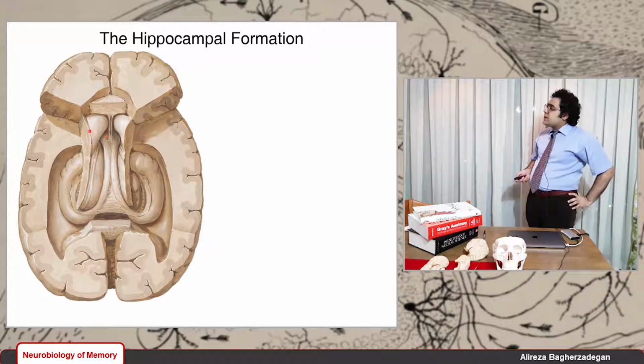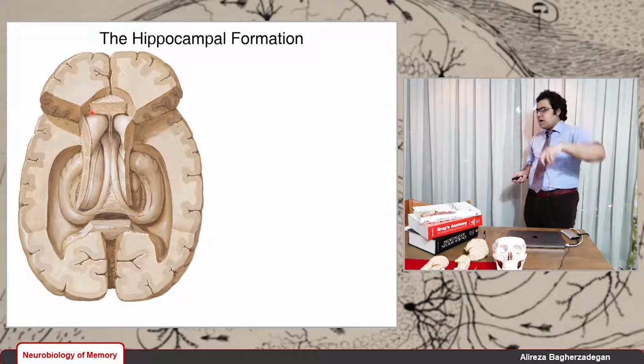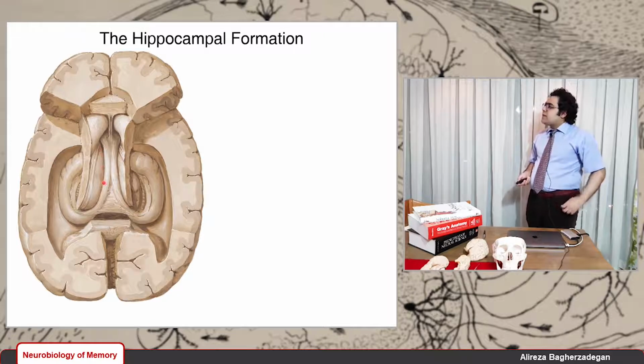And you can see, again, we have the head of the caudate nucleus. Then we have the column of the fornix that ends at the mammillary bodies of the hypothalamus. And then we have the body of the fornix, the crus, or the leg of the fornix.